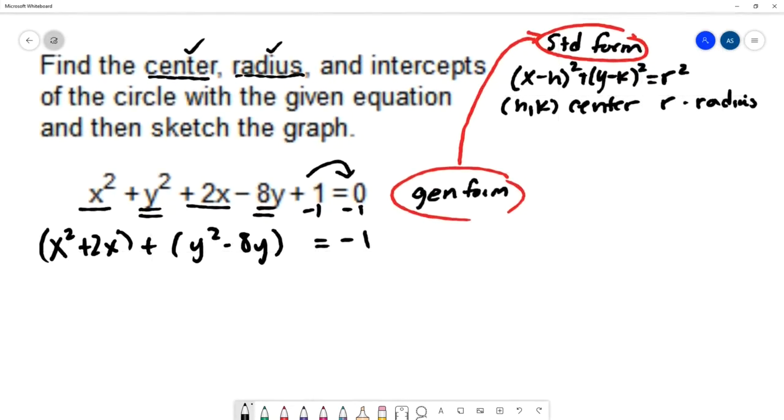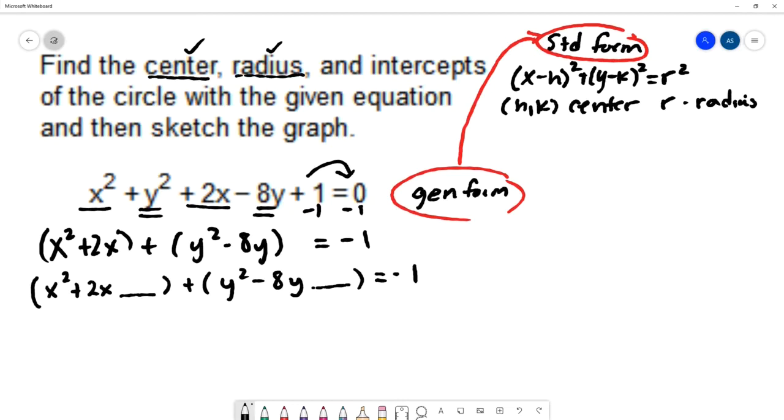Then we're going to make some space in the x group for another term and make some space in the y group for another term. And these terms that we want to add to the group are going to complete the square.